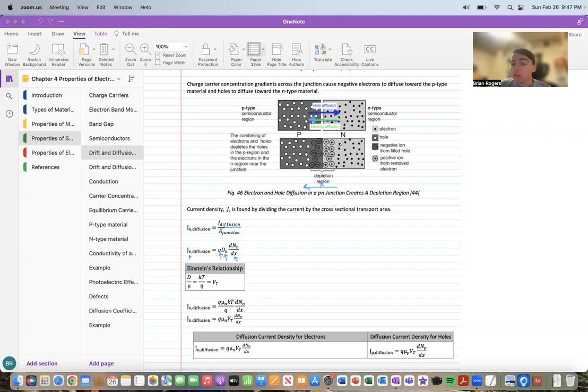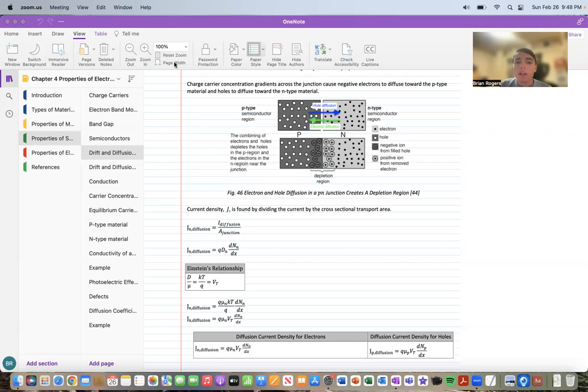There's a lot of concentration here, whereas on the p-type side there's not as much. So there's going to be a concentration difference between the two sides, and that depends on how far you traverse over into the other side of the p-n junction.